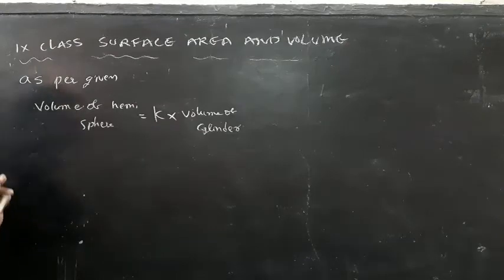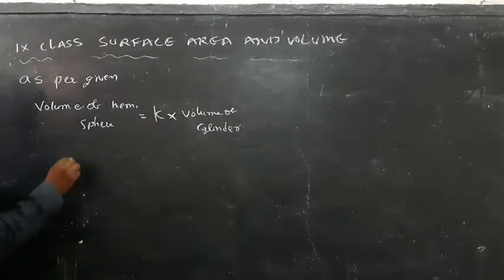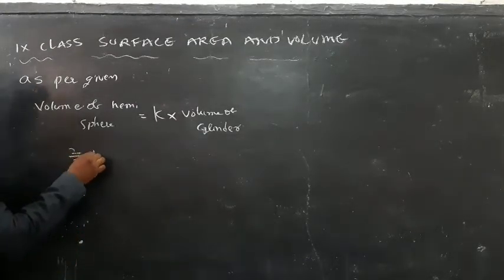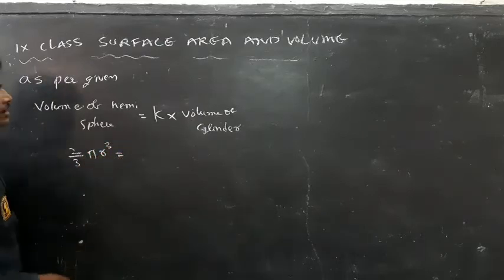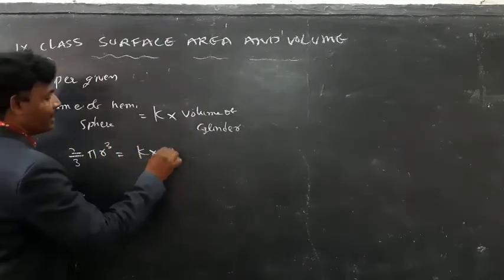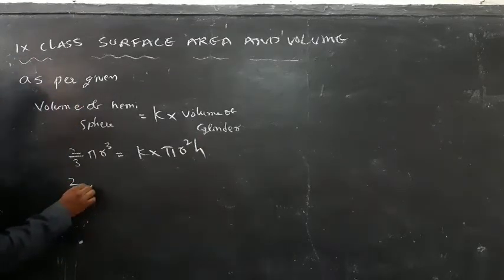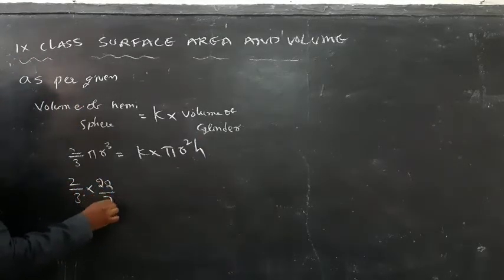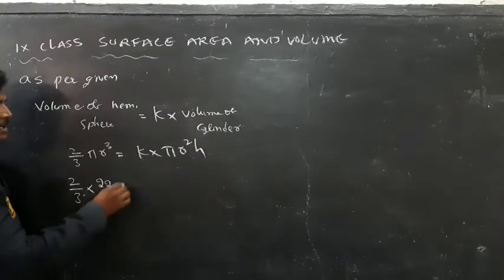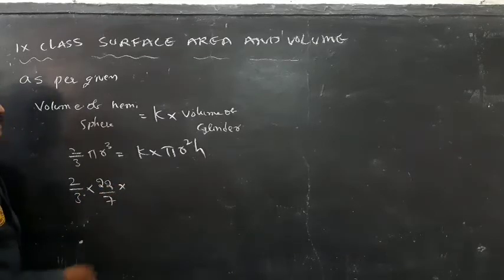What is the formula to find the volume of the hemisphere? 2 by 3 pi r cube is equal to K into pi r square h. 2 by 3 into the value of pi is 22 by 7. Similarly, what is the radius of the hemisphere? 9 by 2.